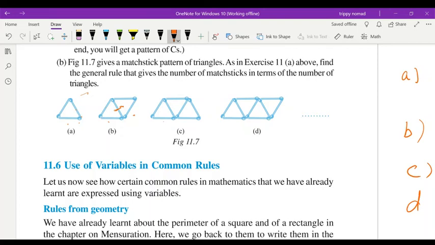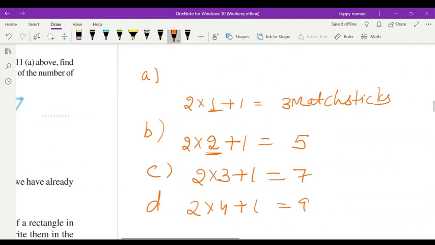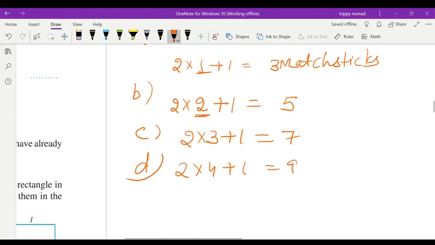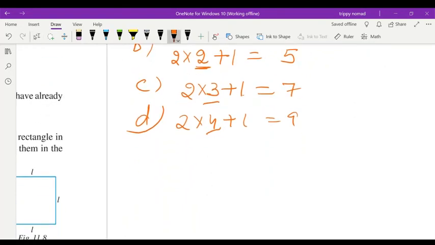So I have written like that. And here in the D figure, you see 9 matchsticks, 1 2 3 4 5 6 7 8 9. So what is this 1 2 3 representing? The number of triangles. So the formula will become 2n plus 1 for part B.